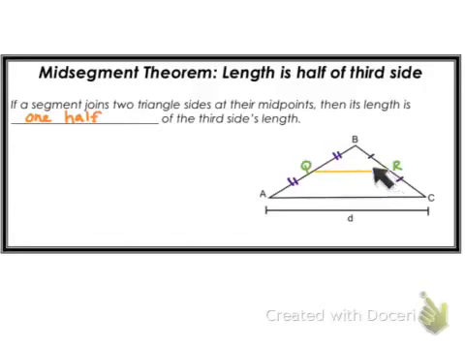Not only is QR going to be parallel to the third side, but the length of QR is half the distance of whatever this is. So if AC was 12, QR would be 6. So we can say QR is equal to 1/2 of AC.